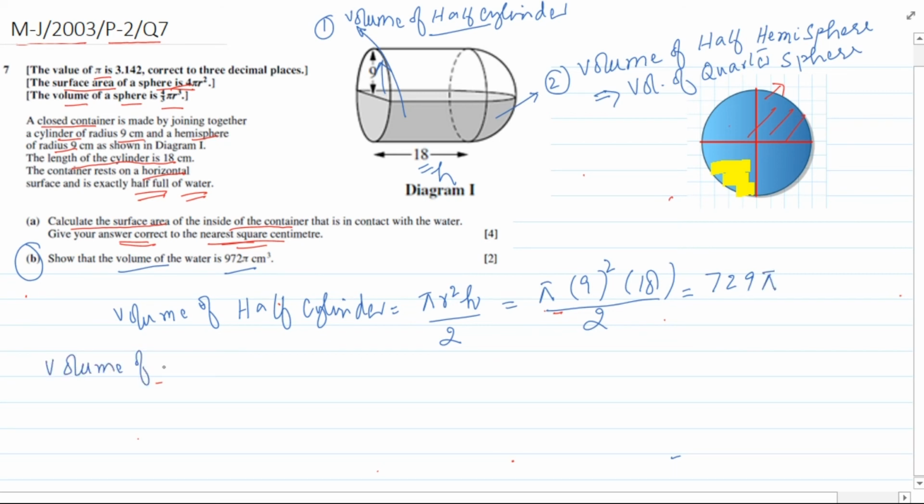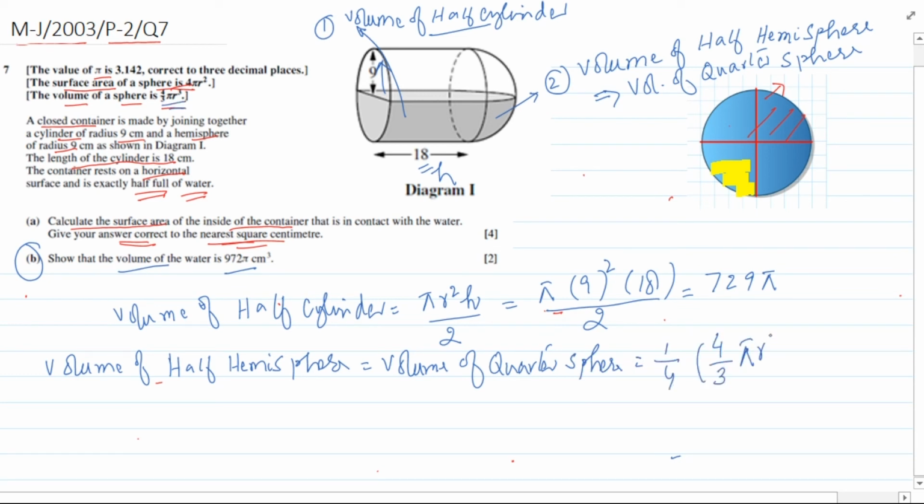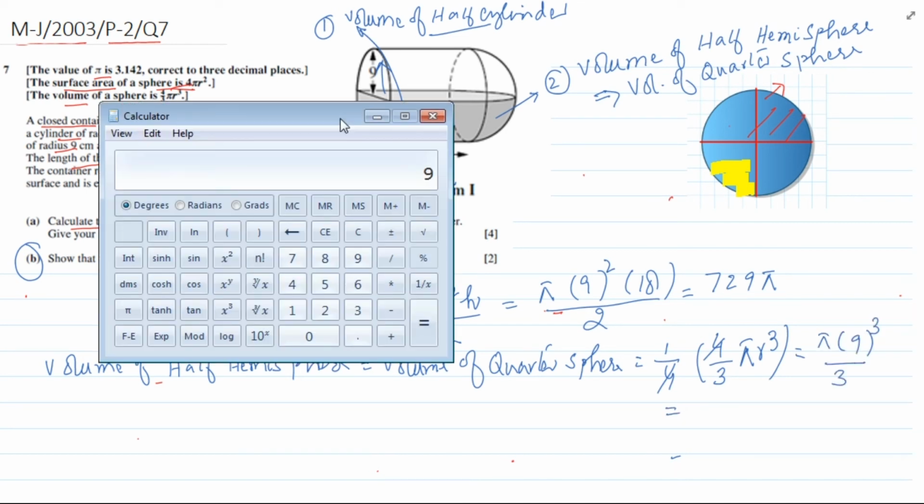Volume of the half hemisphere is equal to the volume of a quarter sphere, which is 1/4 (4/3 πr³). 4 and 4 cancel out. We get π(9)³/3, which is 729 divided by 3, we get 243.